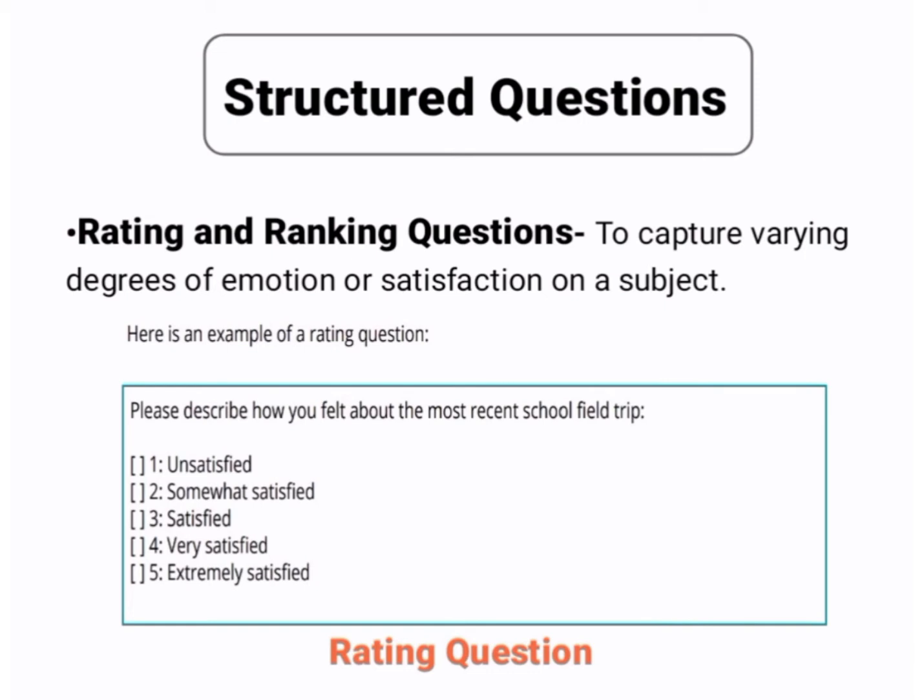Rating is a questionnaire that asks respondents to explain the degree to which they feel about a certain topic. For example, you watched a movie. Some teachers give you something to rate whether you enjoyed the movie, from satisfied to unsatisfied.